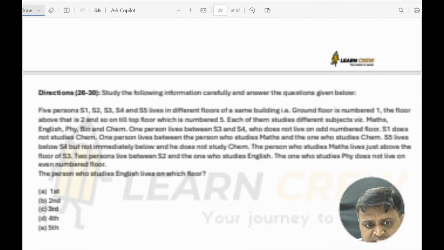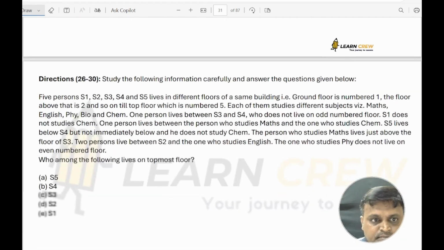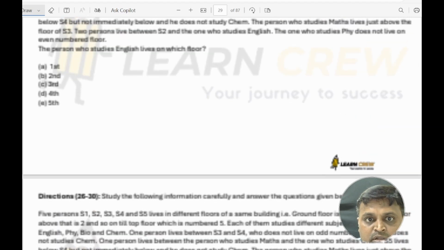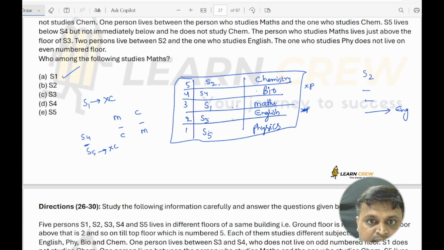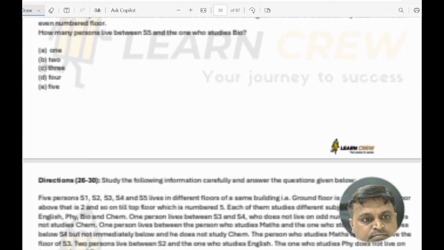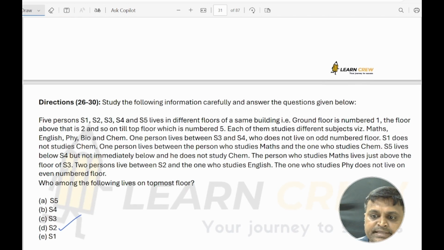Two persons, S1 and S3, so the answer is 2. Next, who among them lives on the topmost floor? S2, which means option D.